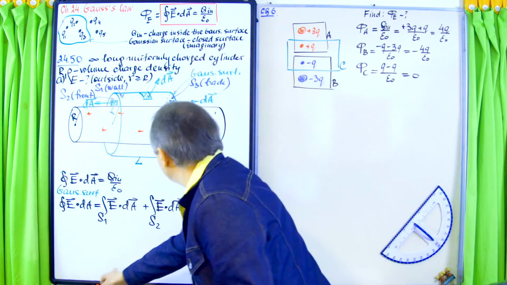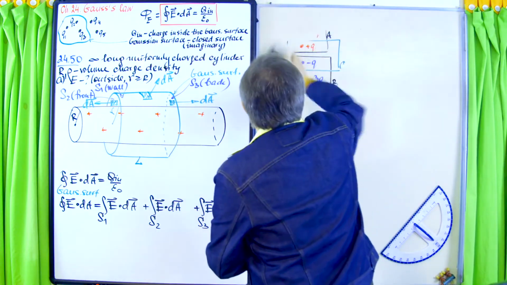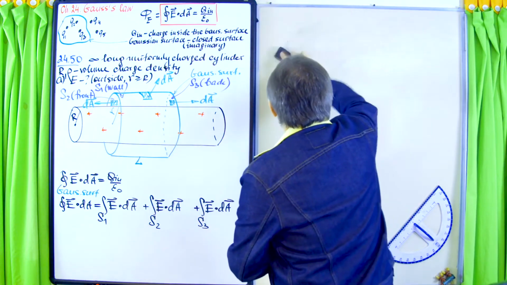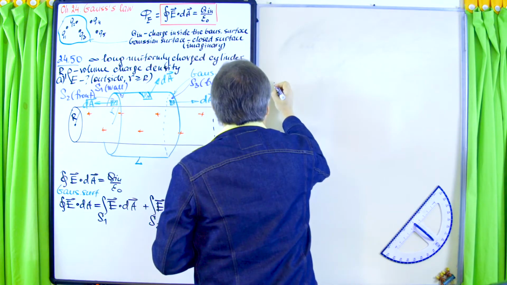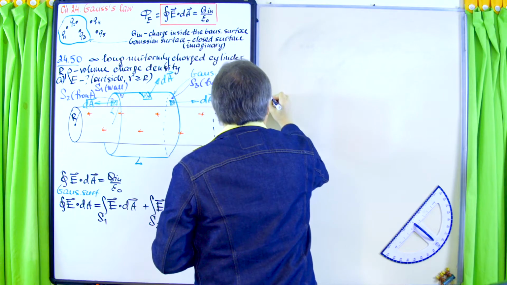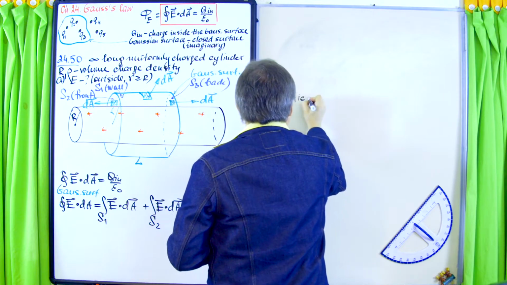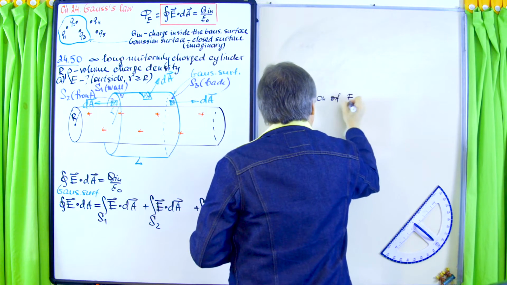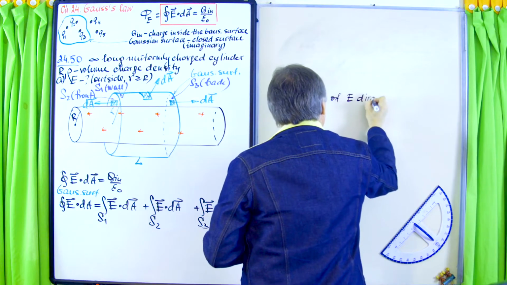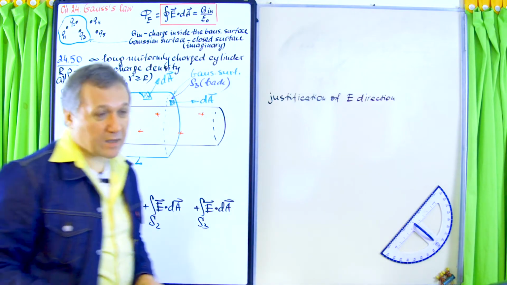Sooner or later, anyway, I will have to erase this. And I will write, so, justification of E direction, like I've done in the lecture.